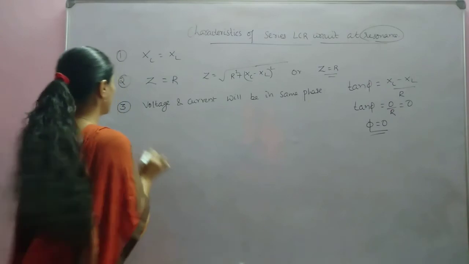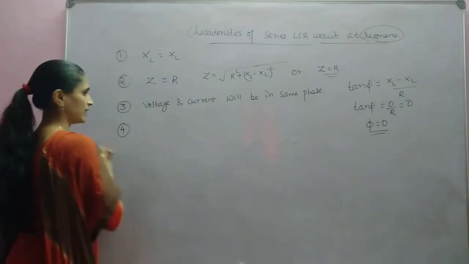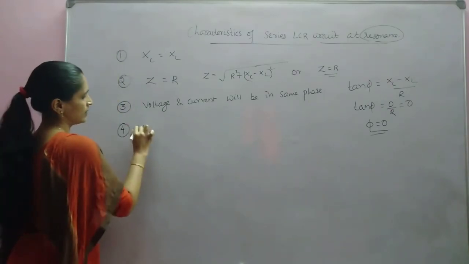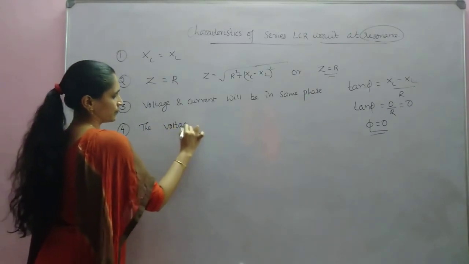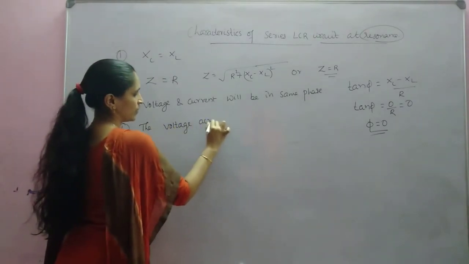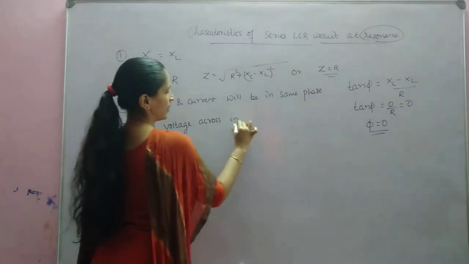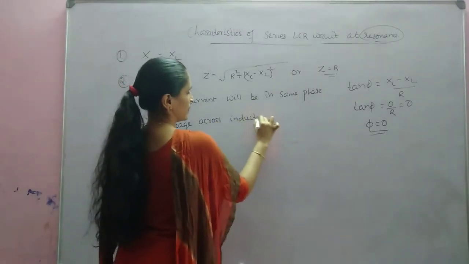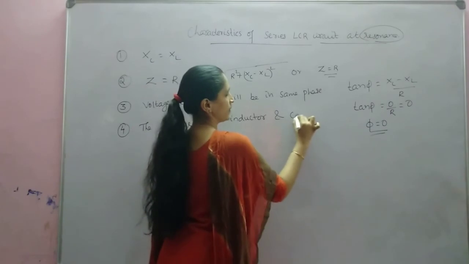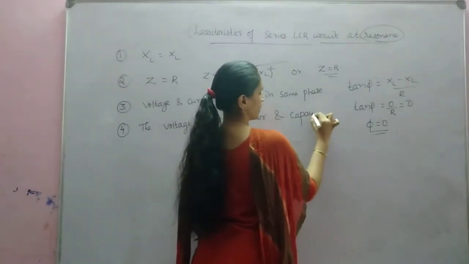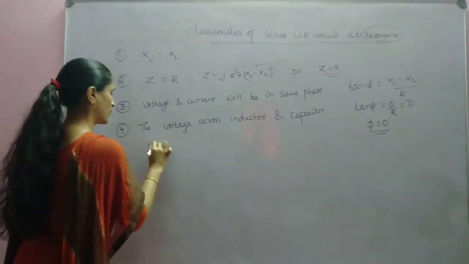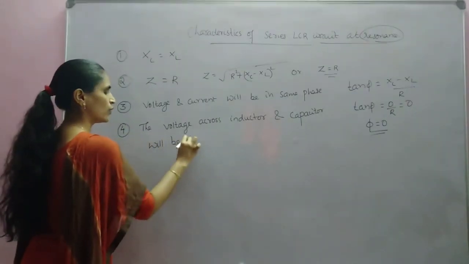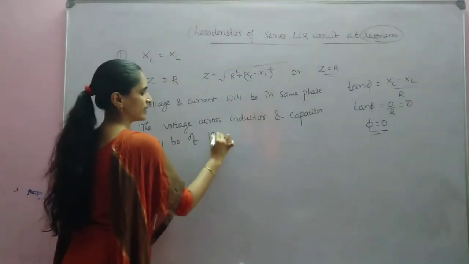And the fourth property: the voltages across the inductor and capacitor will have a 180-degree phase difference.